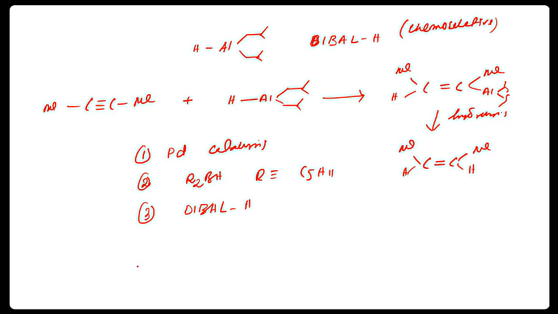Chemoselective means, if I have these things with this, then it will reduce this OH, not this alkene one. Last, I will discuss one of the most interesting examples.